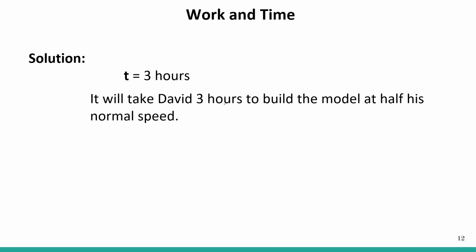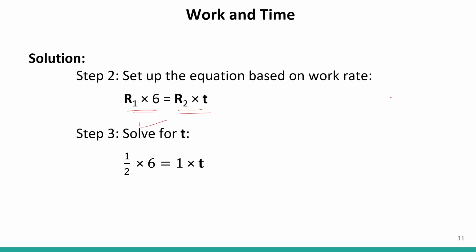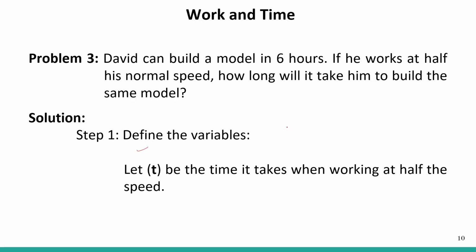But that is not half, it is at twice his normal speed. Because he can build a model in 6 hours, if he works at twice his normal speed, then it will take 3 hours to complete the model.